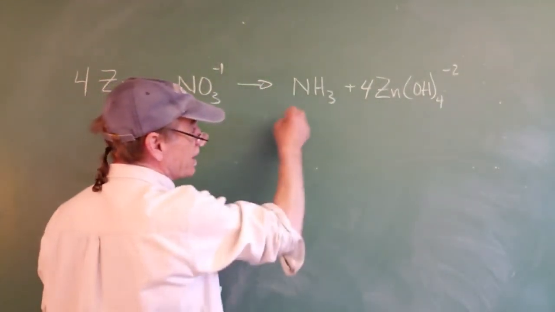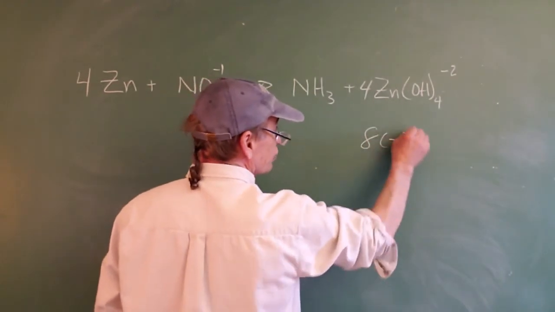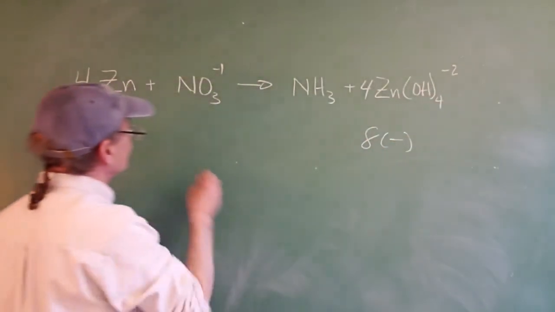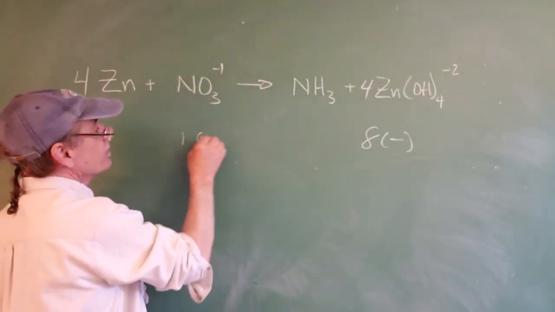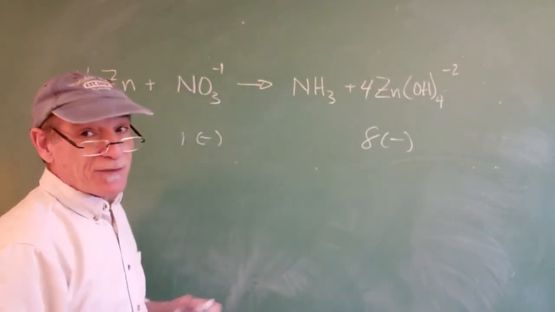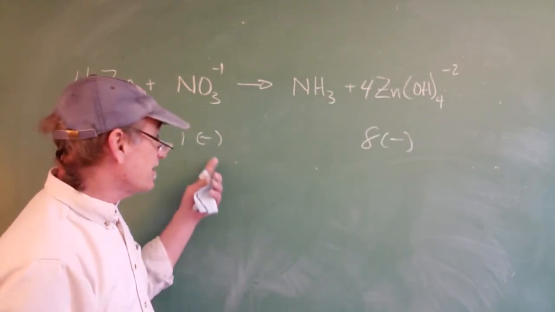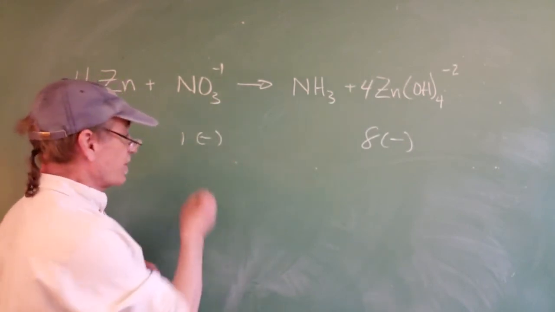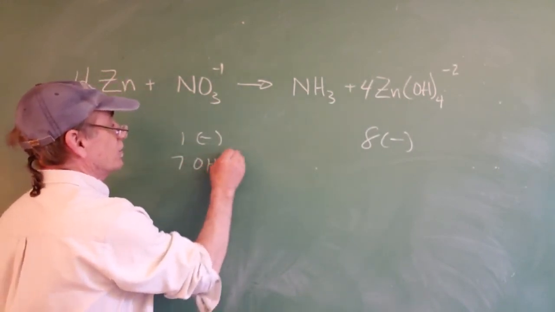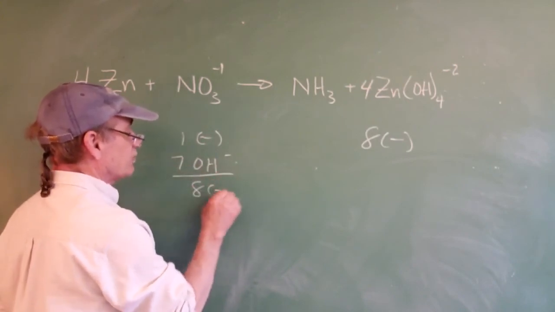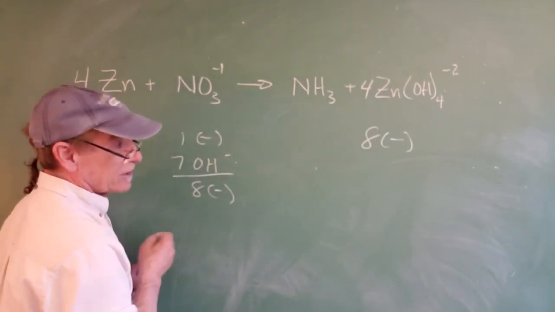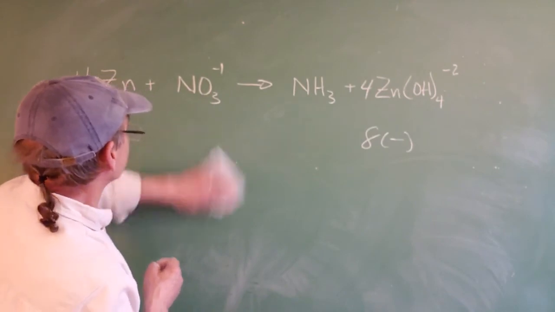So that means on this side of the arrow, there's actually 8 negative charges, 4 times that -2, but there's only 1 negative charge on this side. Well, I'm adding hydroxides that are negative, so clearly to balance this out, I need to add several to this side. As a matter of fact, 7 hydroxides would give me then 8 negative charges. All right, well, let me go ahead and add 7 hydroxides to this side.